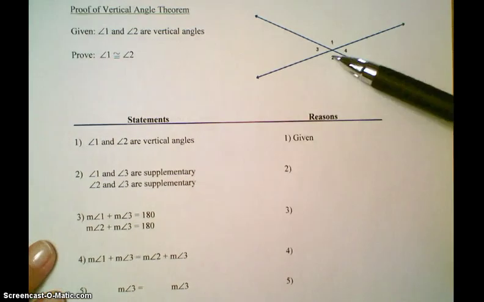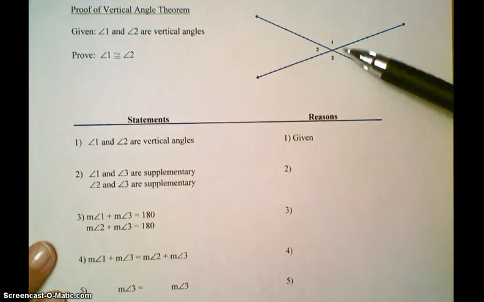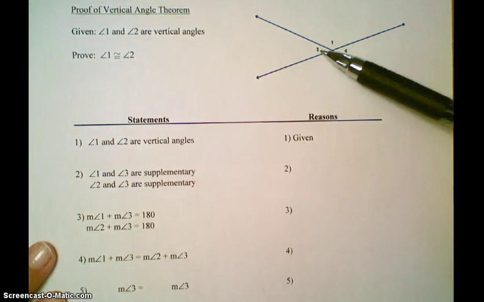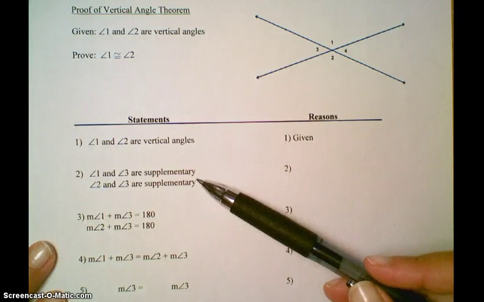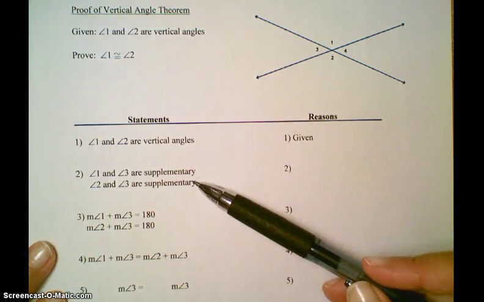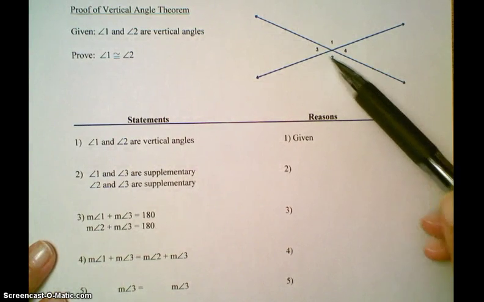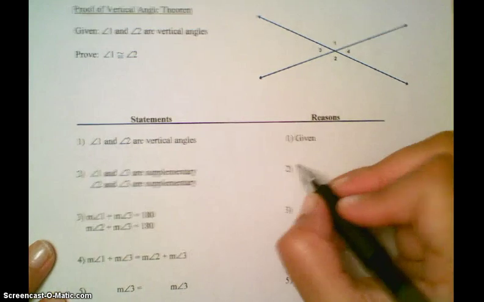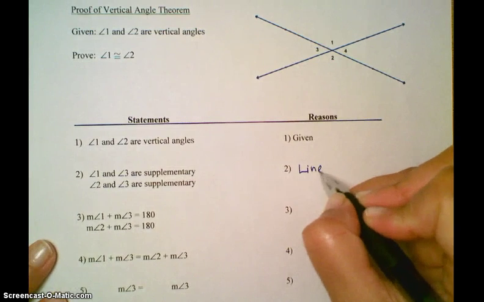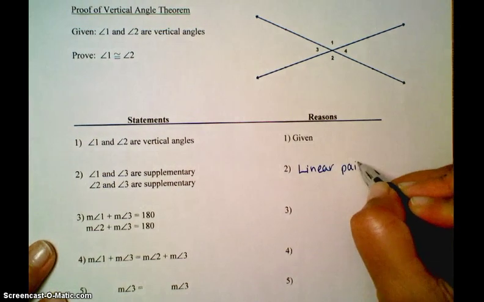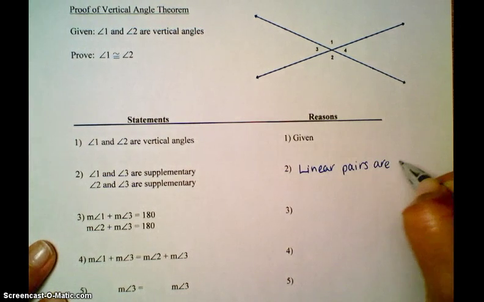So I look at the picture and I ask myself, what other relationship do I see happening with angle 1 and angle 2? Well, I notice that angle 1 and angle 2 are both supplementary to angle 3. So angle 1 is supplementary to angle 3, and angle 2 is supplementary to angle 3, and our reason is linear pairs are supplementary.